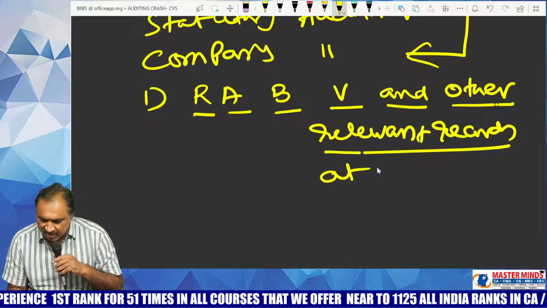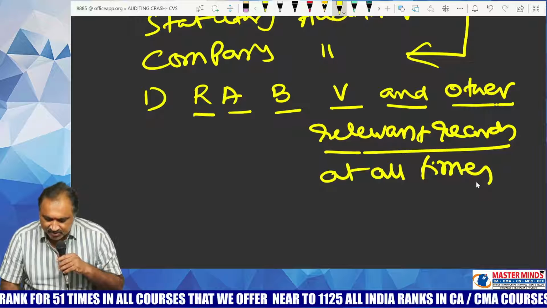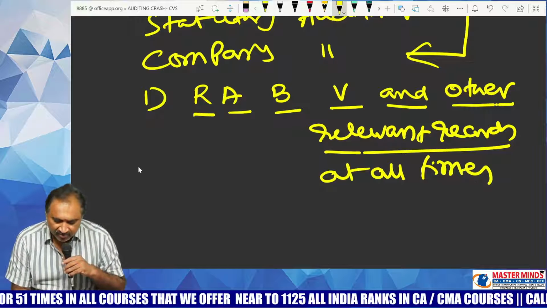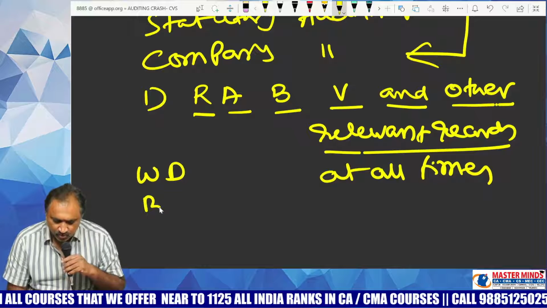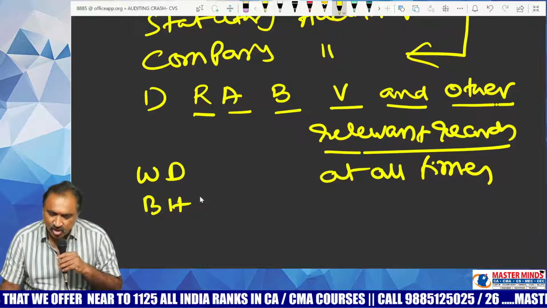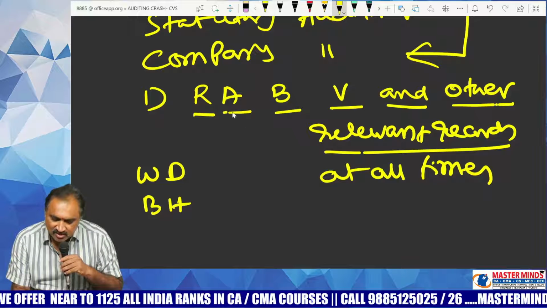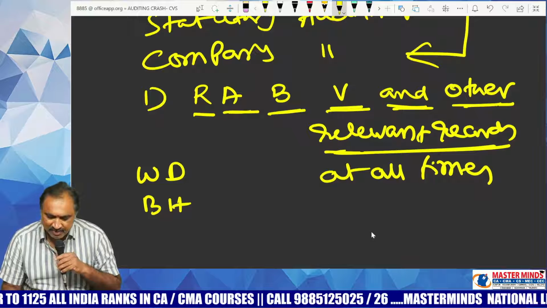At all times. Here the term all times implies only during working days, that too during business hours. Only during working days and business hours, the auditor can have access to all the books, vouchers and other relevant records maintained by the company.